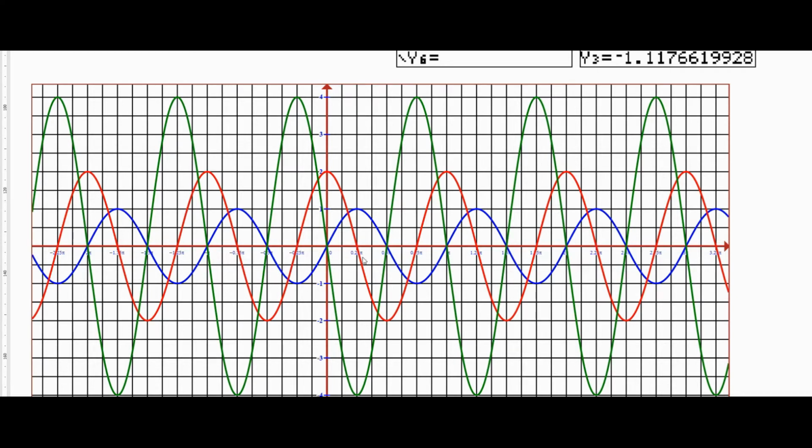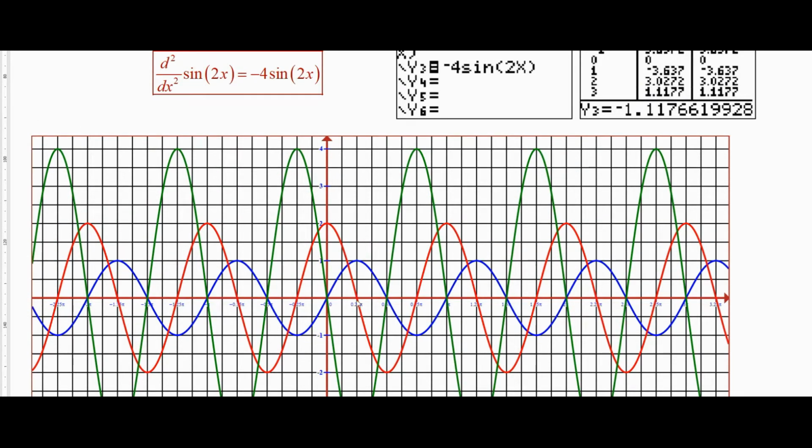And you can study that a little bit to see that all the correct relationships are going to hold. For example, when the first derivative is 0, here, here, and here, we have a maximum or a minimum on the original function. When the second derivative is 0, here, and here, and here, which is really the same places that the original function is 0, those are the inflection points. And so forth.